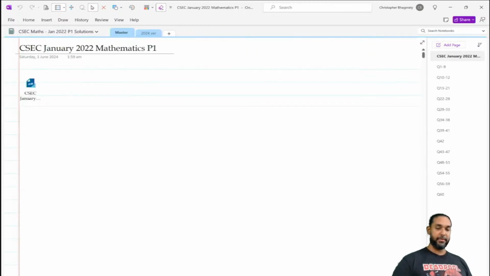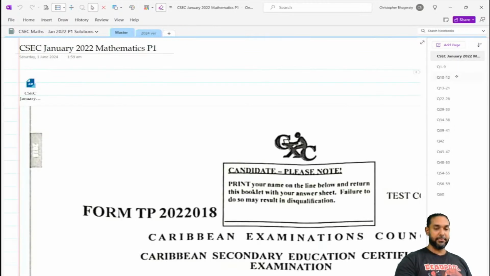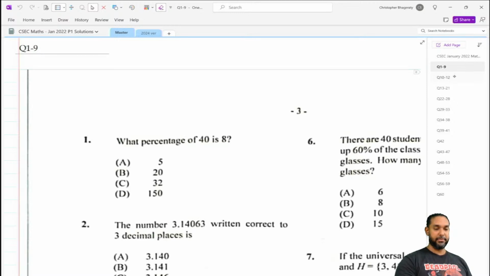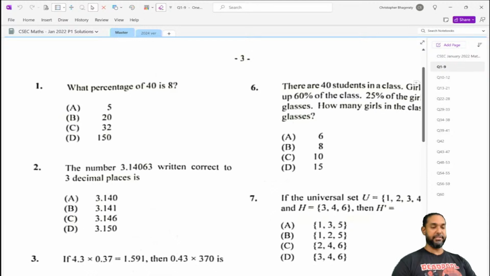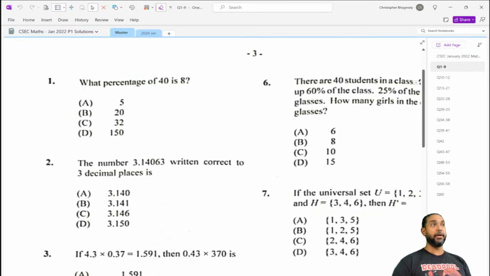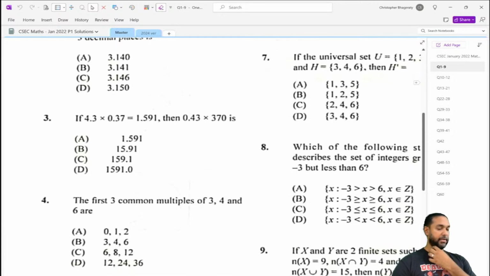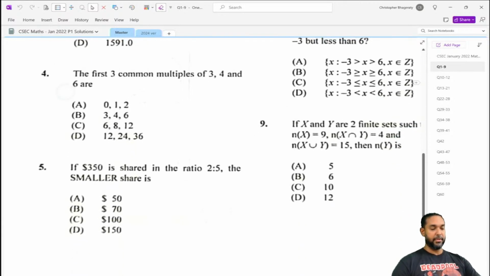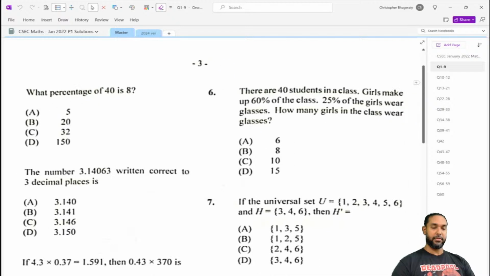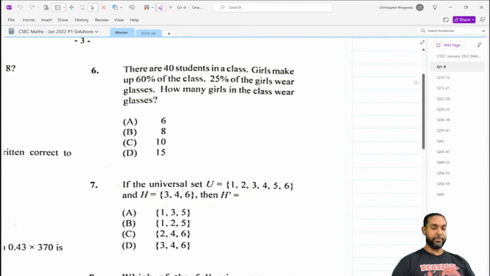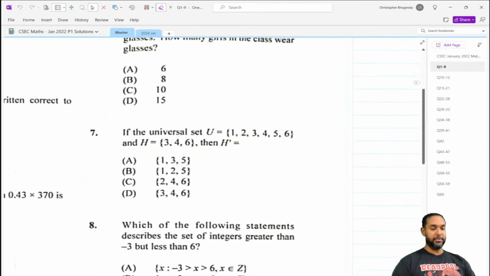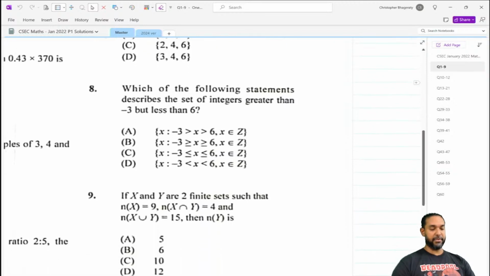Let's just take a little browse here. We don't have to do any. What percentage of 40? We started in 2020, right? We just saw something like number 3. Ratios, boy. We saw this one with the glasses, right? We saw number 8 previously.